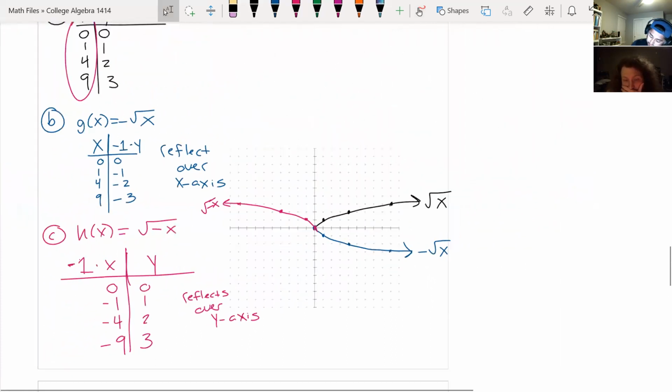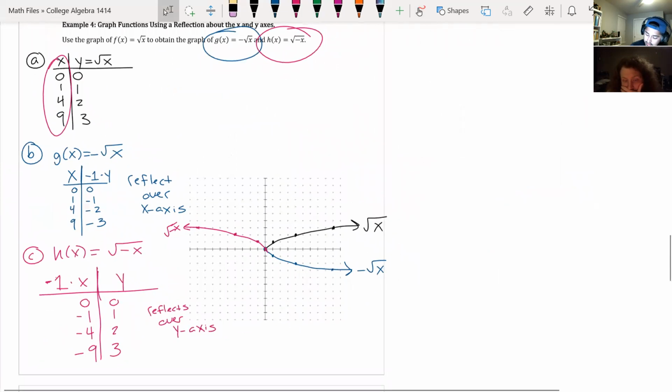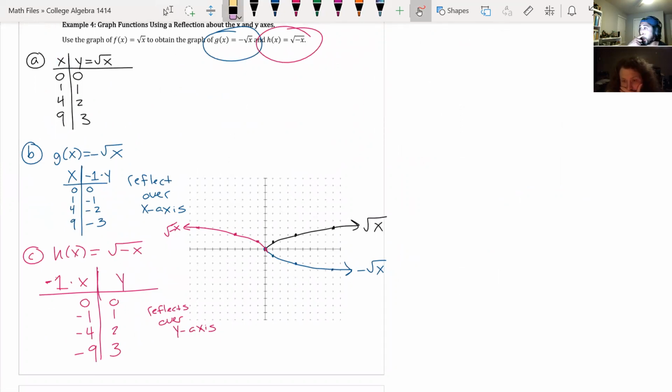That one confuses me, and I don't know why. Which one? The last one. So since it just reflects over the y-axis, you're doing a change of signs for the x values only, right? Uh-huh. So you've taken these x values and you're changing them from positive to what?